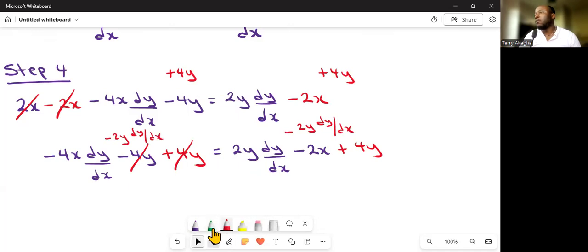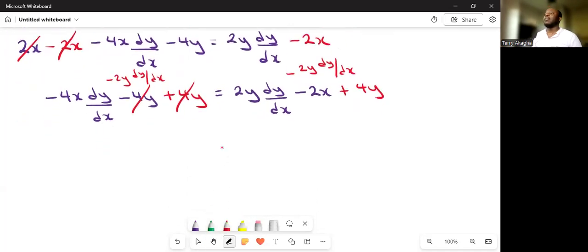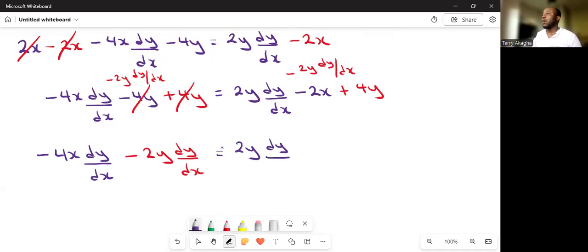So we'll then have minus 4x dy over dx minus 2y dy over dx will be equal to 2y dy over dx minus 2y dy over dx. Then we have minus 2x, then plus 4y.